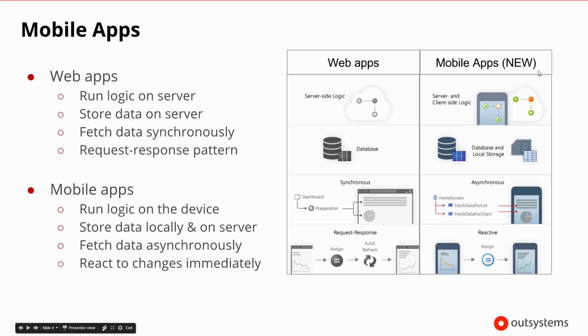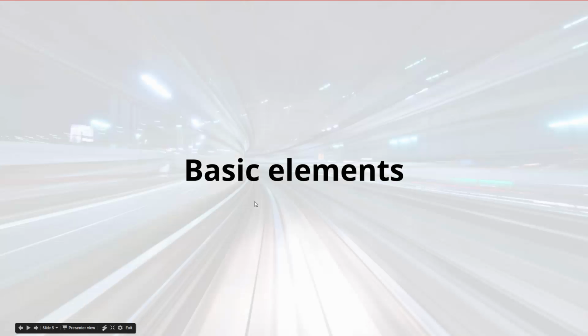Now we have the new mobile applications, and the new mobile applications have client-side logic as well as available client-side local storage, and they make all of their requests in an asynchronous fashion because the device, once it gets its data, can change the way it looks and what it does as it needs to. So two very different programming models, or at least two different life cycles for those types of programming models.